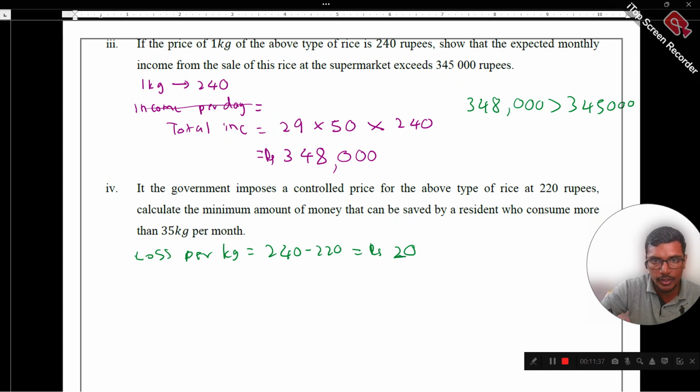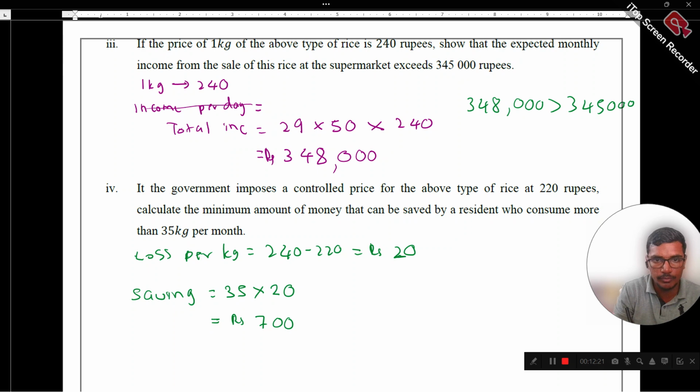Calculate the minimum amount of money that can be saved by a resident who consumes more than 35 kilograms per month. For a shopkeeper, it will be a loss. For the resident, it will be a saving. If he consumes more than 35 kilograms, then his saving will be 35 kilograms times 20, which will be rupees 700.